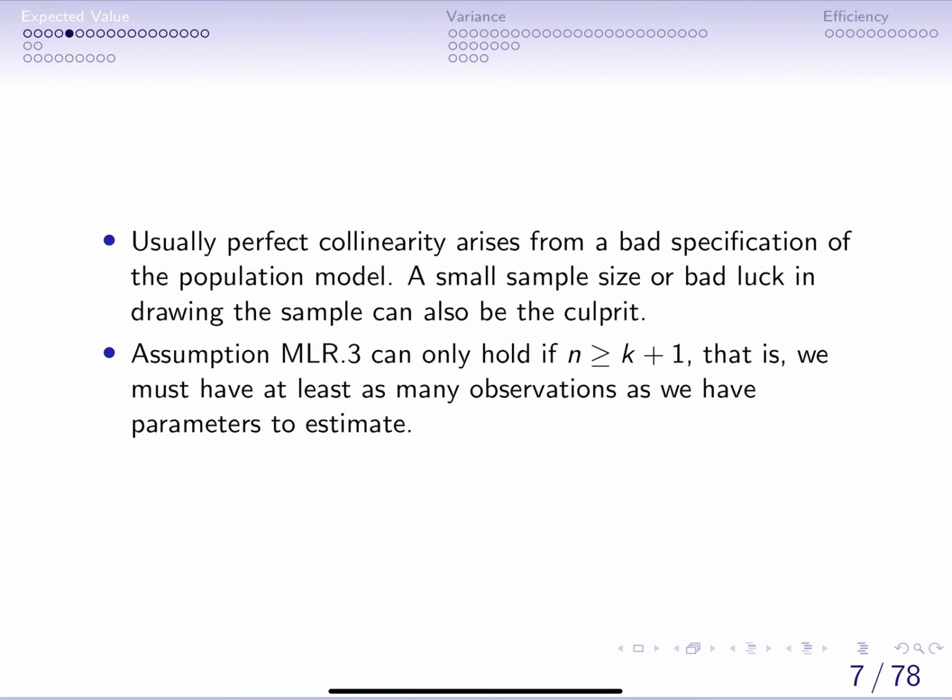Okay, so sometimes, even though this problem doesn't arise very much, it can arise from a bad specification of a population model, or sometimes if you have a very small sample size, you can have some issues with that. So you always want to make sure that your n is much, much greater than the number of estimators that you have.